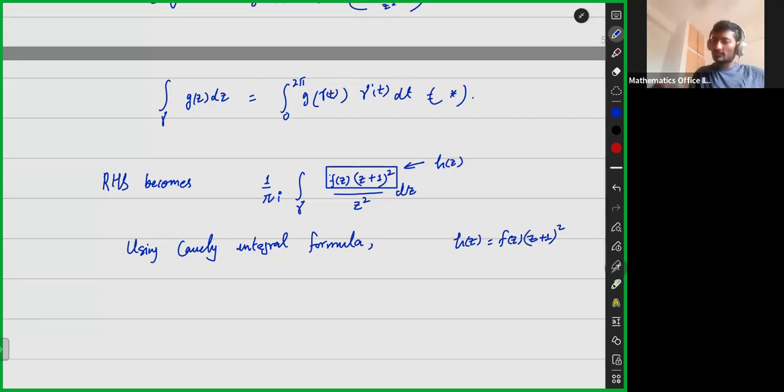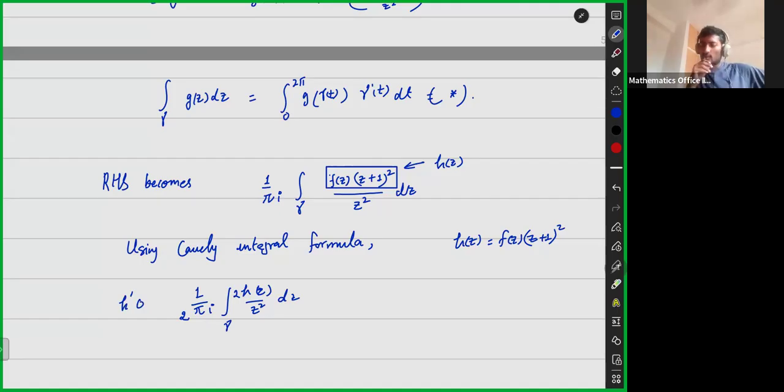Then what is written inside? 1 upon pi i of h(z) by z square integral over gamma dz. So here I'm going to multiply by 2, divide by 2.